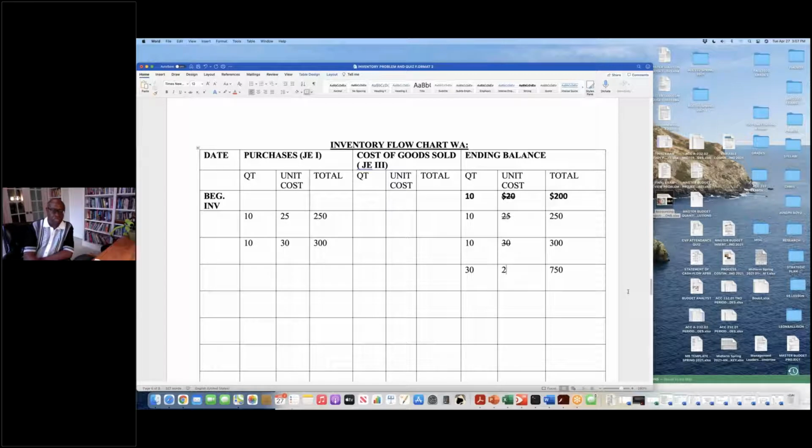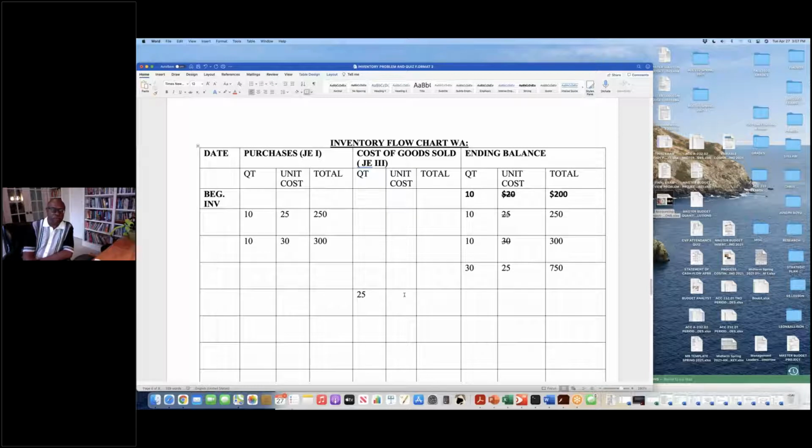Good number. So when we sell the 25, we just simply use 25. We don't use the numbers at the top. We don't use the number at the bottom. We utilize our new unit cost, which is a weighted average.